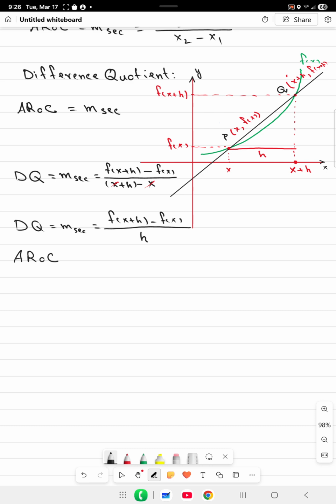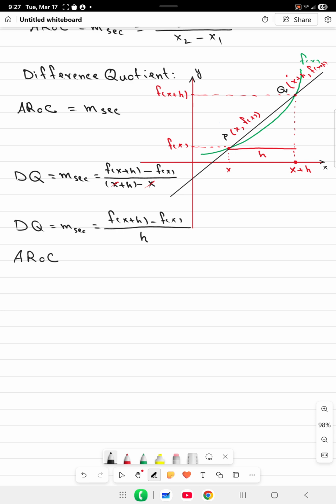Totally the same idea, only the notation here is different. Instead of f of x2, we are using f of x plus h, right? F of x is f of x. It's the same notation. This formula can calculate the average rate of change between 2 points of the function.